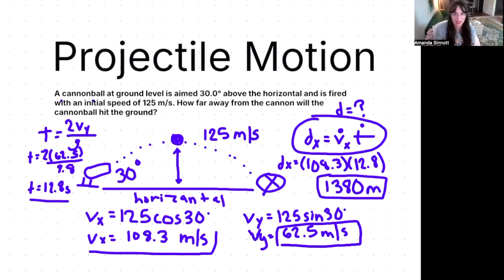Yay, you did it! Remember, the biggest thing when we're looking at these questions is to find out what equation we need to use. Drawing out little pictures like this actually really helps you to see where it's going. Is this going to be a horizontal or a vertical question?